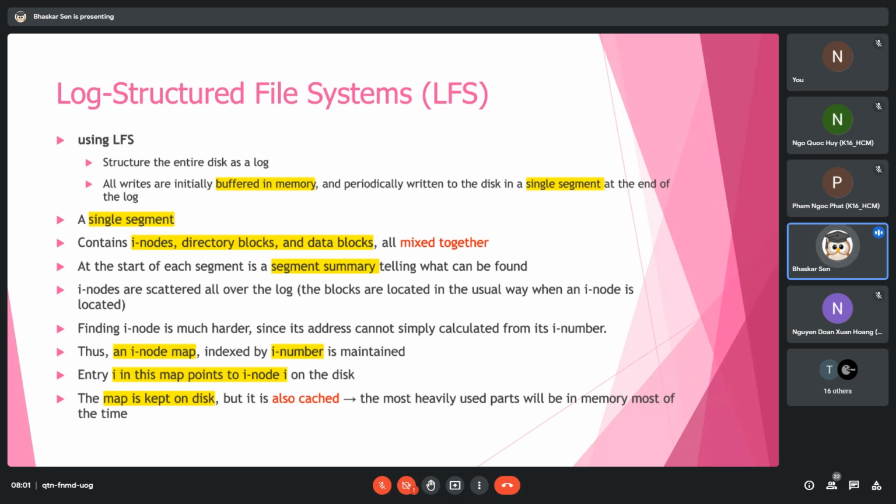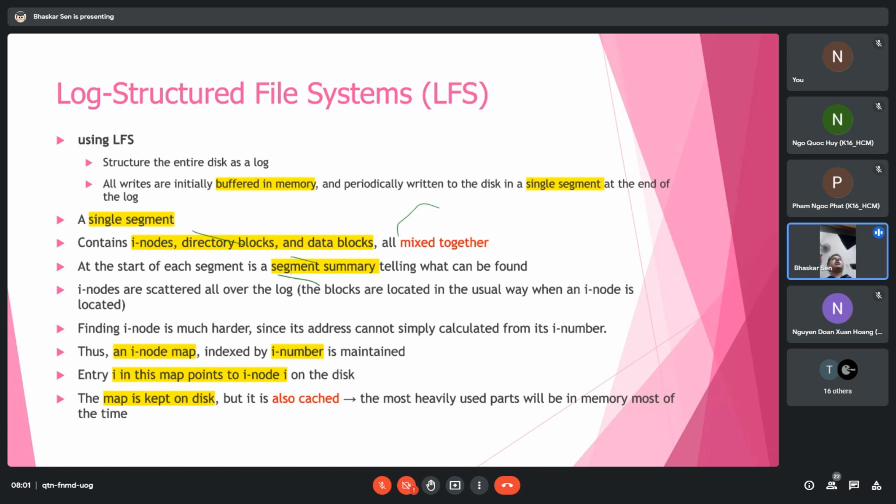So in a log structured file system, everything goes inside one segment. First, it is buffered on the memory. Then everything, the inodes, directory blocks, data blocks, all will be mixed together. Okay? And inside a segment, the challenge here is to find out where is the inode.